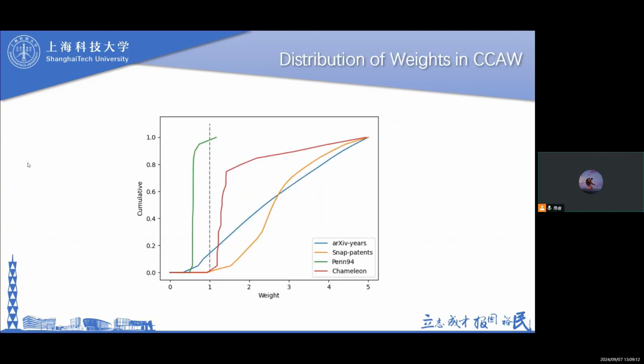Then we plot the cumulative distribution of the CCAW weight vector on different classes, and we find that when the weight is larger than 1, BOPNet is more important, and when the weight is smaller than 1, the GNN performs better.